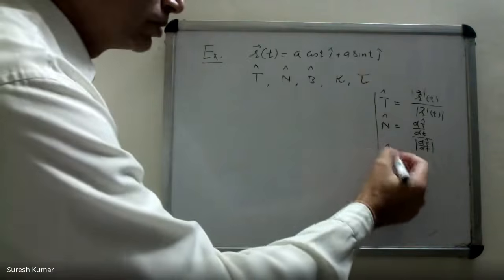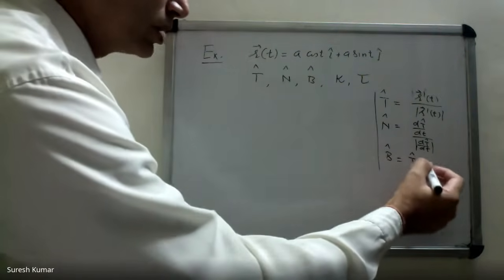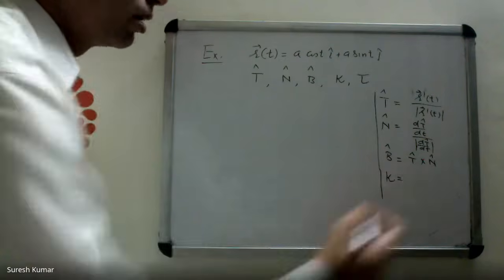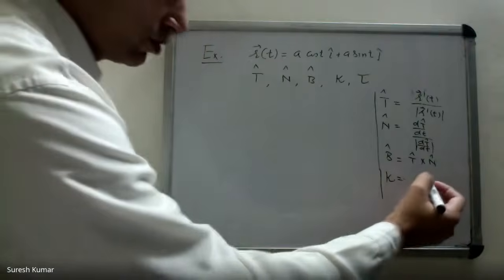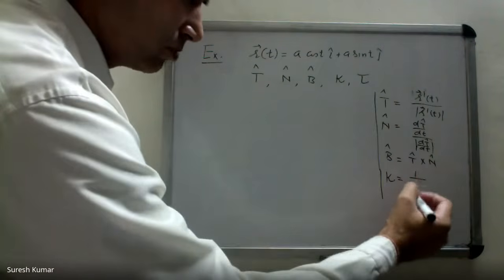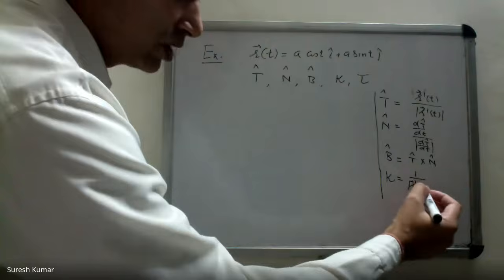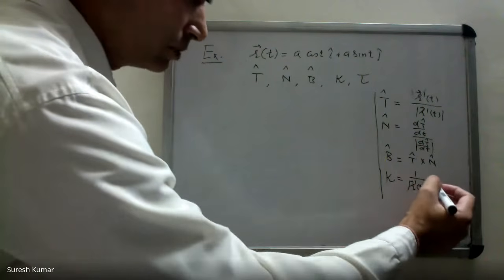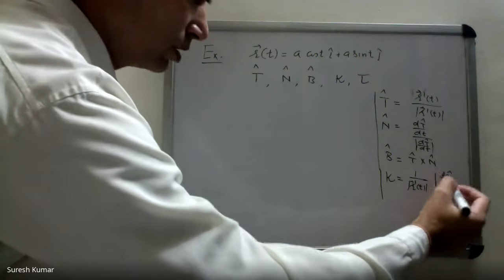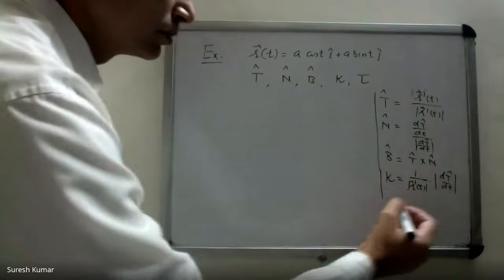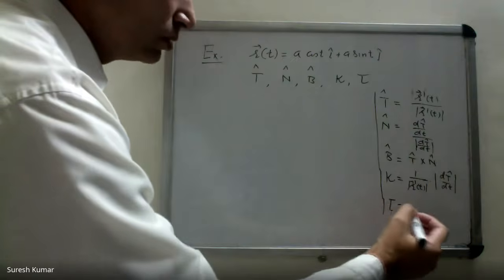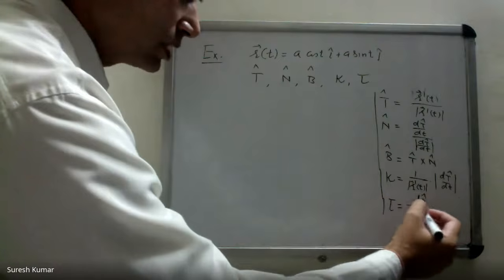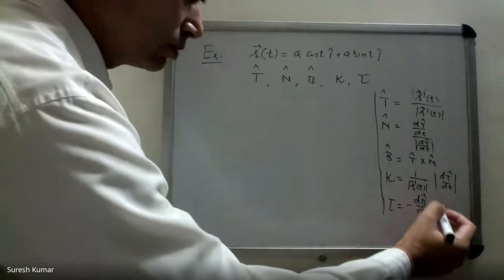B cap is T cap cross N cap. Kappa formula is 1 over magnitude of r prime t. There is another formula also, but I'm writing the one that we will use here: magnitude of r prime t into dT cap over dt magnitude. Torsion, there is that minus formula, minus dB cap over ds dot n cap.